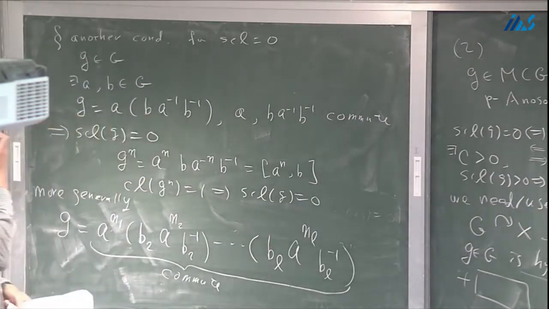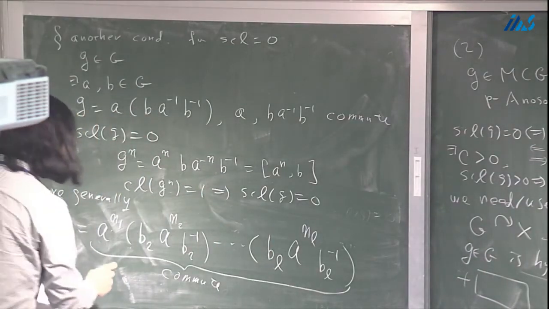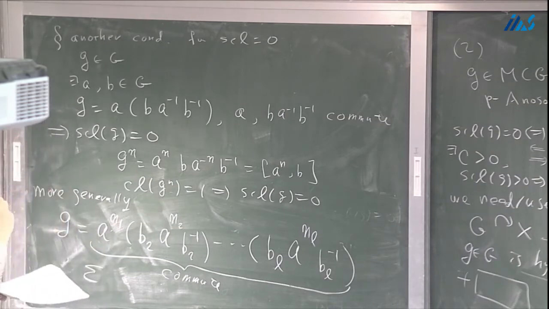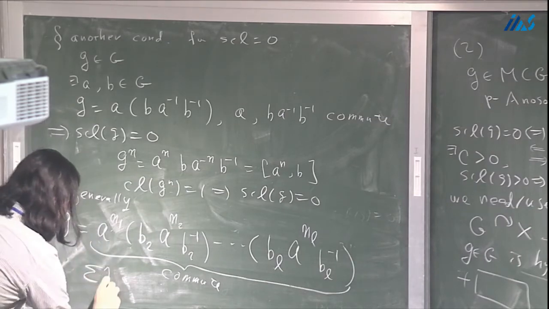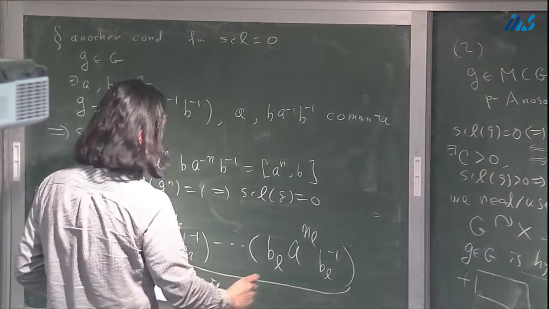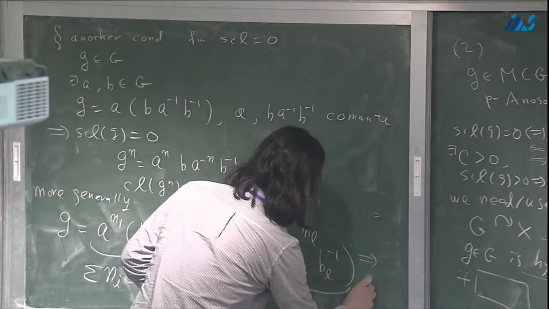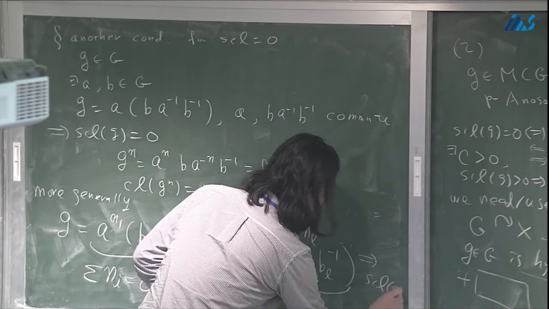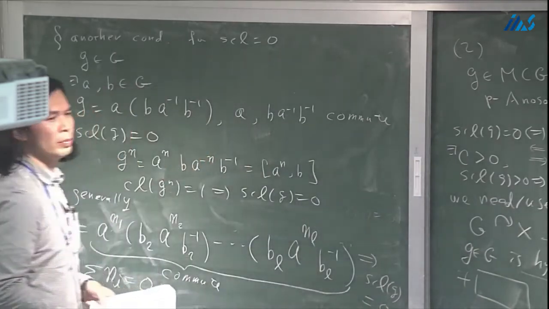I have any element, but they commute, and also the sum of the exponent is 0. Then SCL of G is 0.